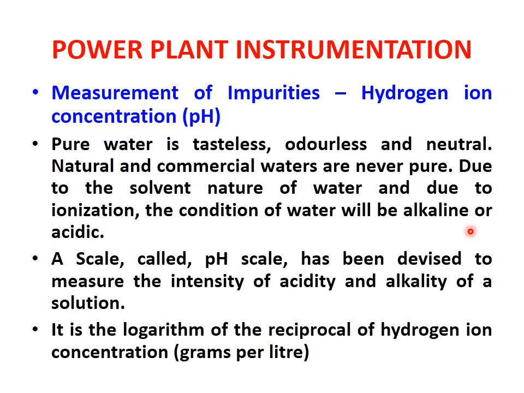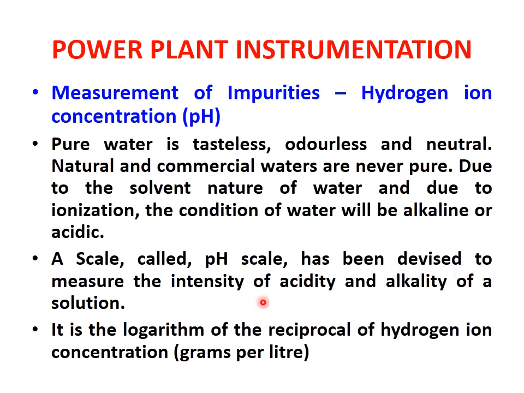So the pH scale will determine whether the water is neutral, alkaline, or acidic. Generally the pure water which is available is tasteless, odorless, and neutral. The measures are always taken to make the water either neutral or alkaline.